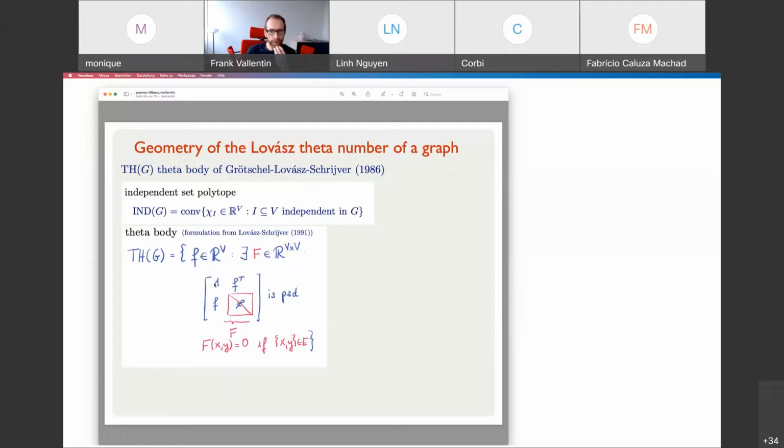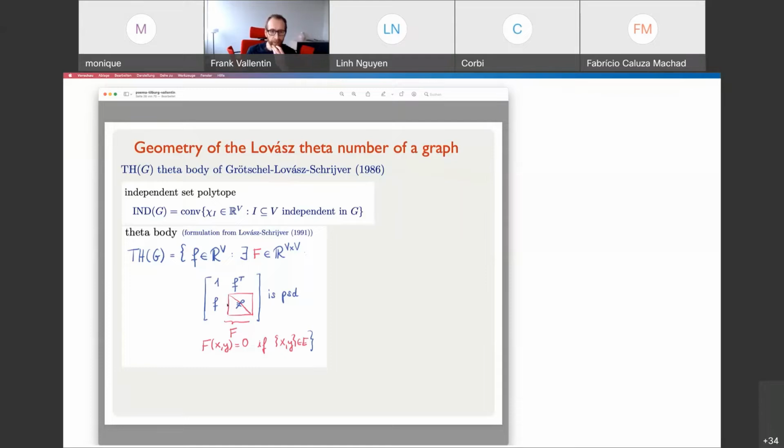It's a matrix where the number of rows and columns is one bigger than the number of vertices in the graph. In the top left corner you have 1. Then the first row and the first column is given by this vector f, which is the element of the theta body.